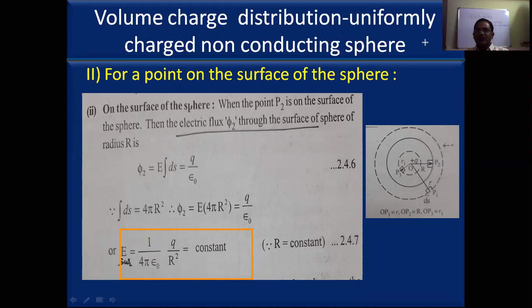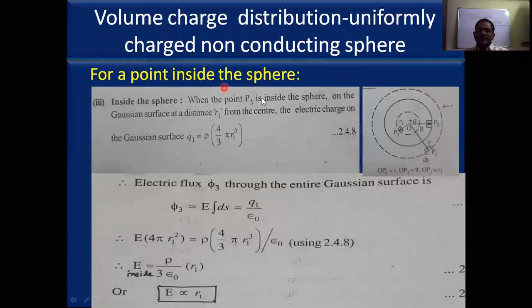Now, if you consider the point P inside of the non-conducting sphere, how do we calculate the field strength? Here the point P3 is inside of the non-conducting sphere, at the distance R1.